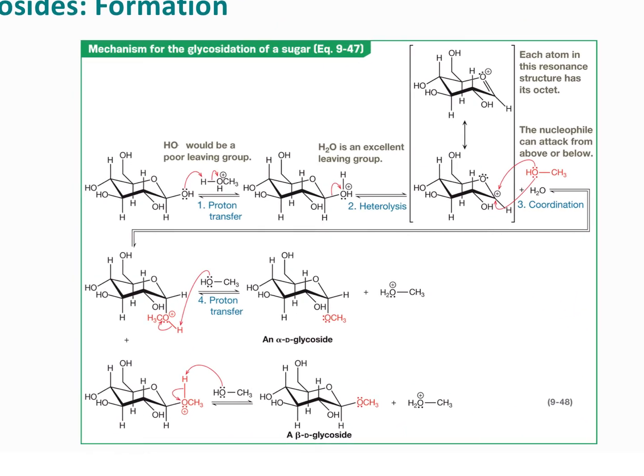What we see is this takes place by an SN1 mechanism. So in the very first step here, these electrons attack the proton here in a proton transfer reaction, and then we get heterolysis. Now, when we get heterolysis here, where this water group pops off, remember that's an excellent leaving group. Water is very stable, so it's just going to pop on off. What we notice now is we've lost some of our stereochemistry here because we just have 3 bonds, and so that's a flat planar molecule.